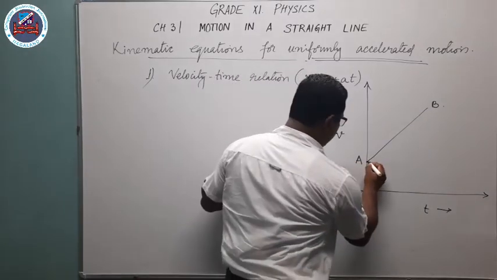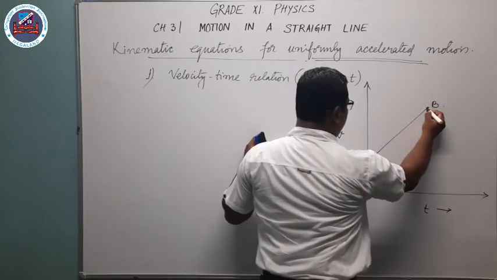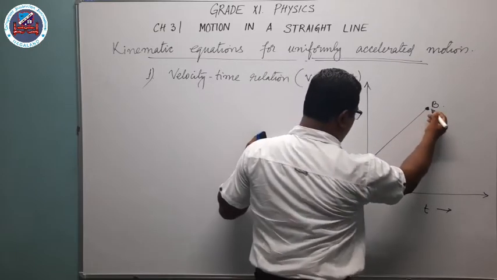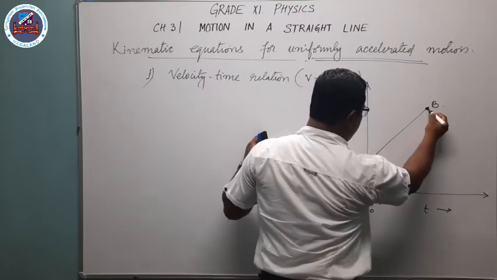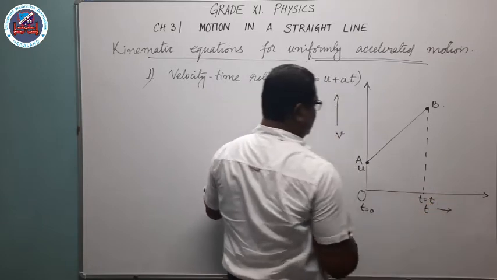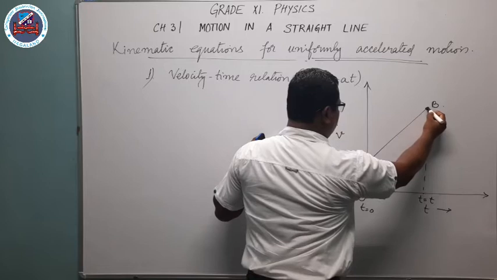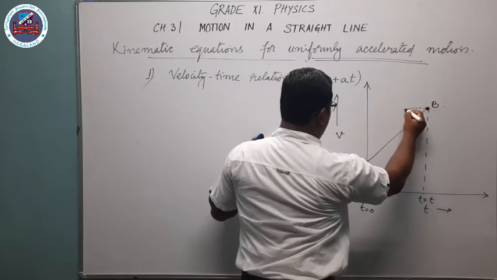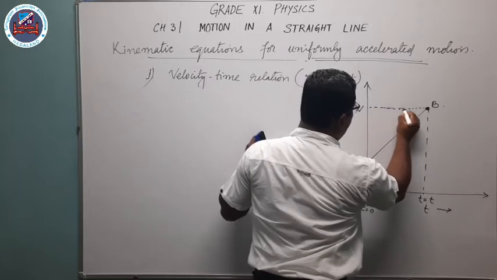Suppose it is u. At this point, the initial velocity is u. When the time is increased from t equal to 0 to t equal to t, the body's position is at B, suppose. The velocity acquired by the body we write as final velocity v.